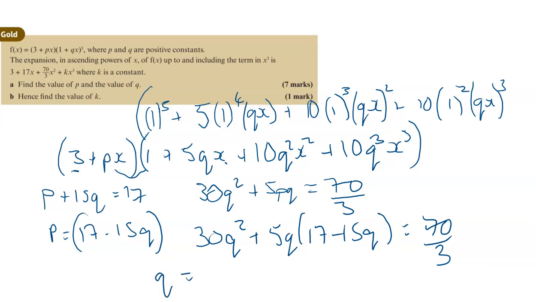One of them will be negative, so take only the positive one, and then put that positive one back into this equation and work out the value of p. And so once you've got those 2 values of p and q, then you've got 7 marks.